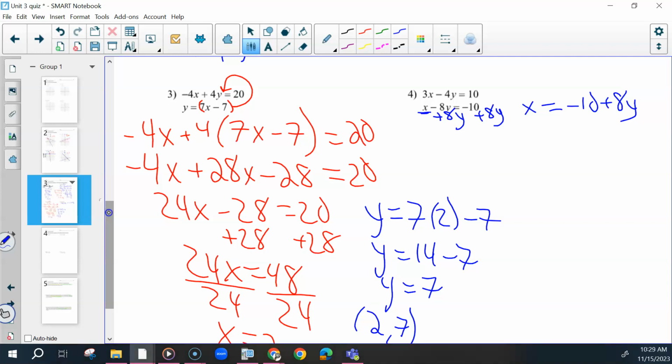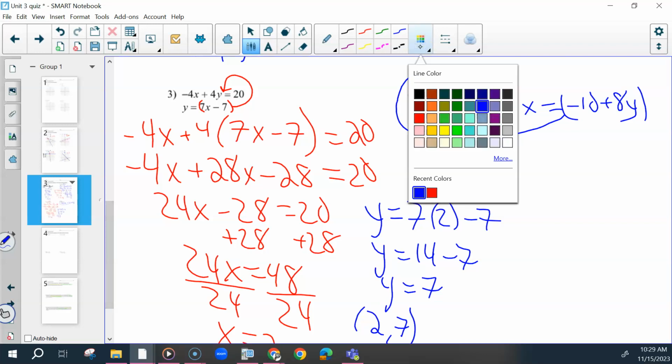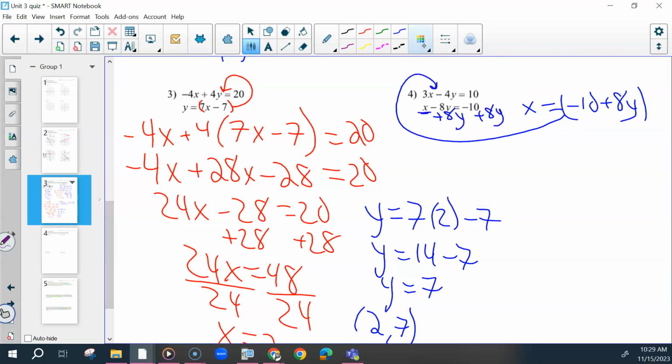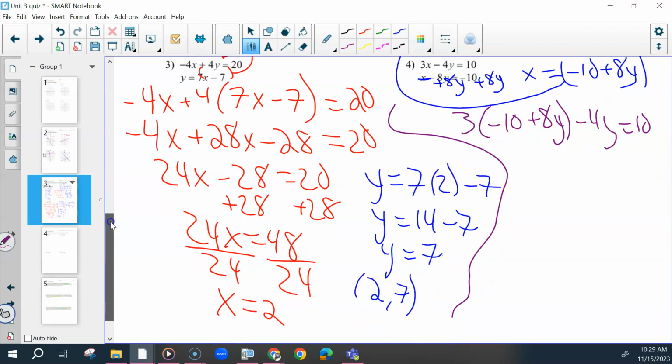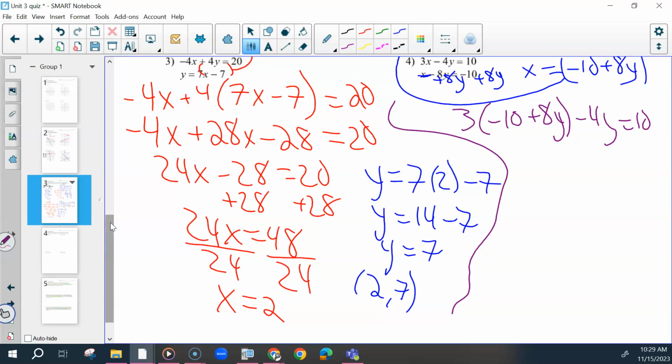So now that we have this, now everything is the same. Take this equation, put it in for x now of the other equation. So we would have 3 times negative 10 plus 8y minus 4y equals 10. Distribute the 3.